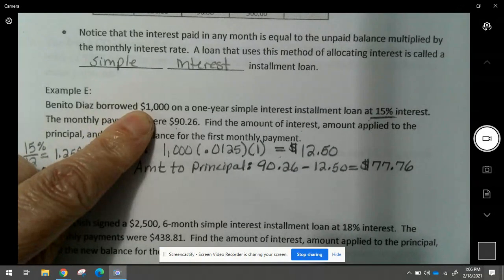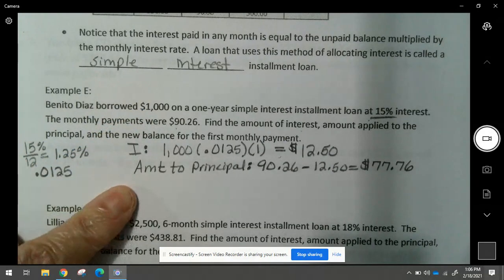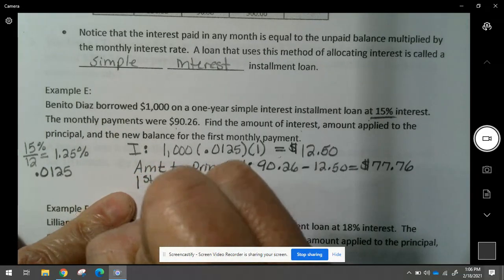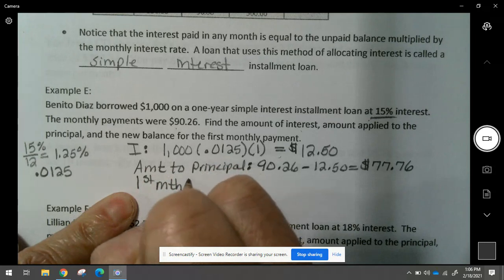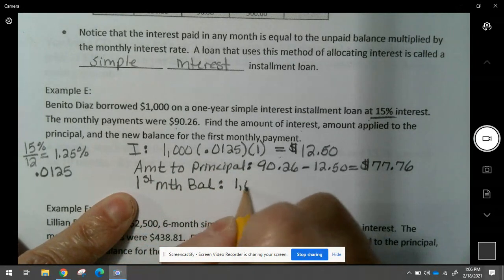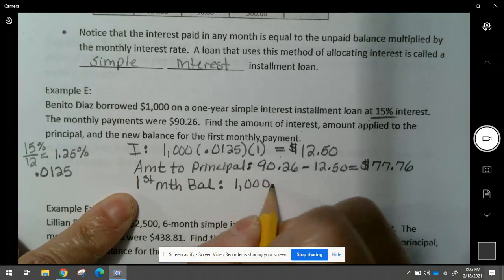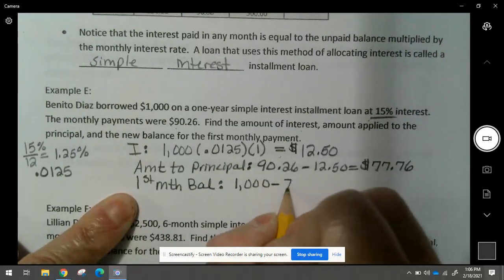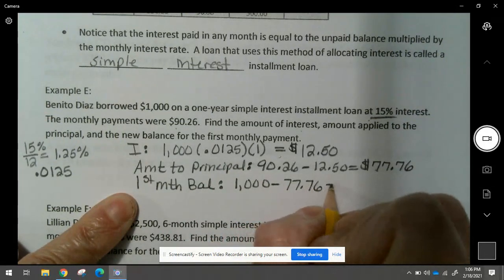So now we're going to calculate our first month's balance. Okay, we start with our principal, $1,000, and we're going to subtract the amount that we're paying towards that principal, $77.76.